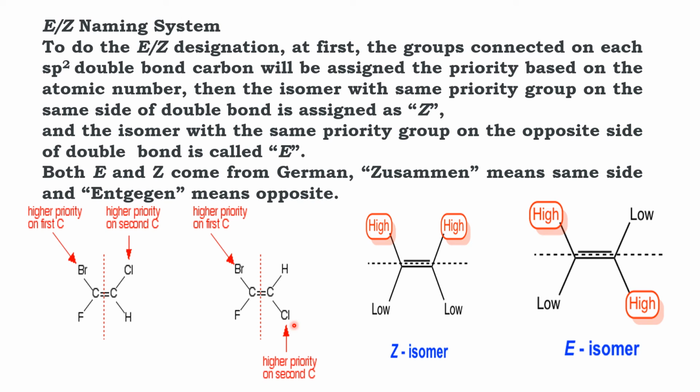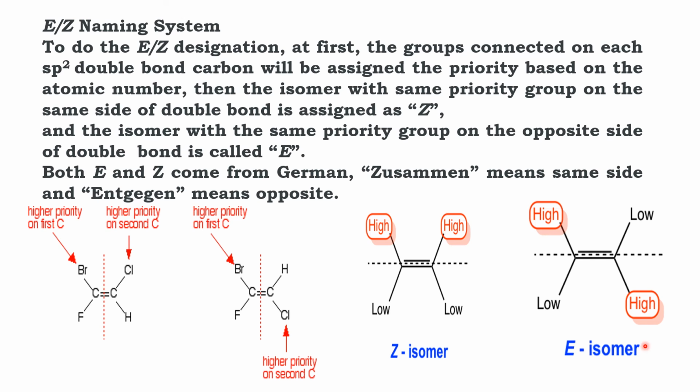They are not in the same direction. That means they are in the opposite direction. If the highest priorities are in the opposite direction, automatically the lowest priorities are also in the opposite direction. Such isomers are called E isomer. So we have Z isomer and E isomer.